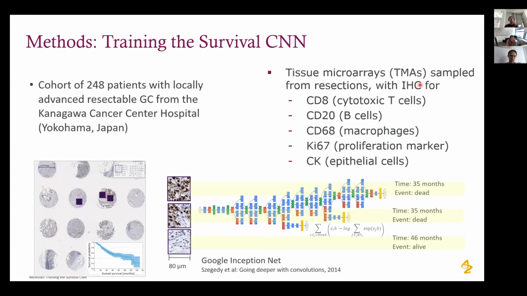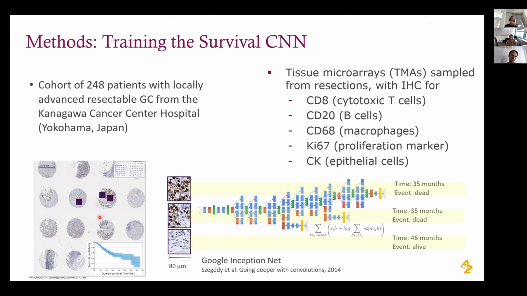So we had tissue microarrays from gastric cancer. These are small pieces cut from the whole tissue, the most interesting regions. And there were 248 patients in this case, and there were 5 markers: CD8, which is cytotoxic T cells, CD20 for B cells, CD68 for macrophages, a proliferation marker, and CK for epithelial cells.